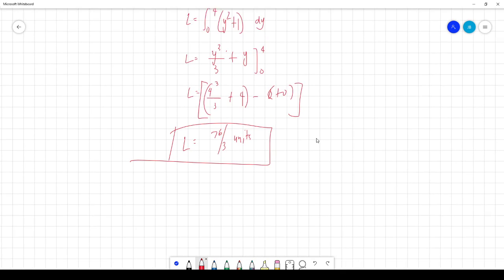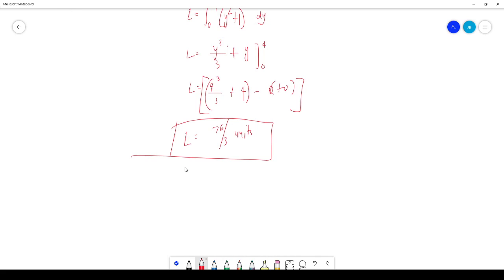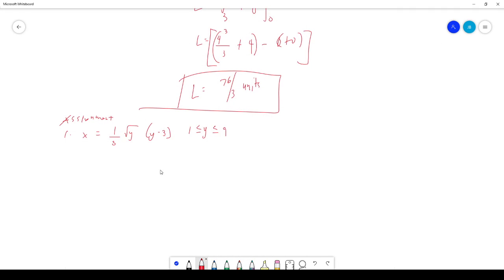Okay, so for your activity to be submitted tomorrow, November 25 until 11:59 p.m., please answer the assignment. Number 1: x is equal to 1/3 square root of y, the limits are from 1 to 9.